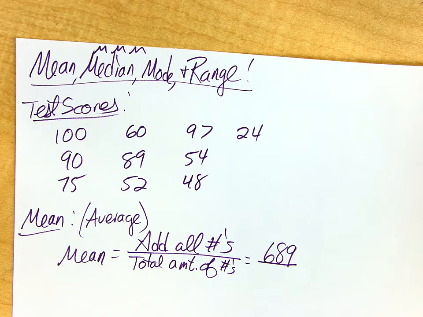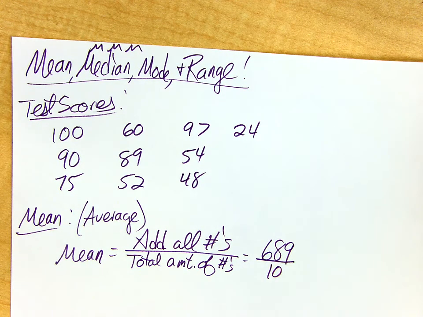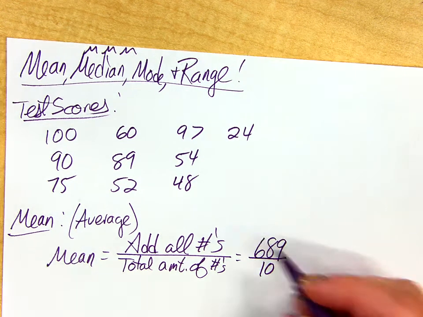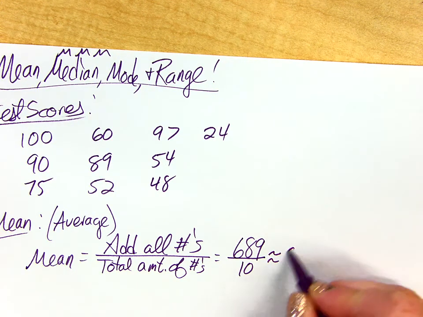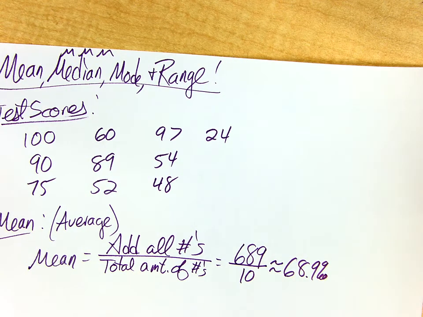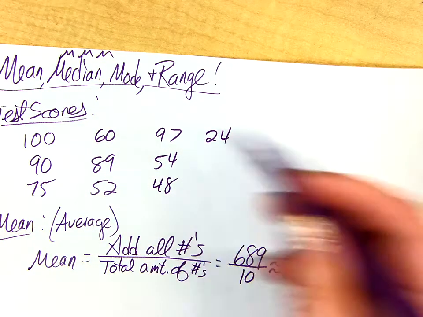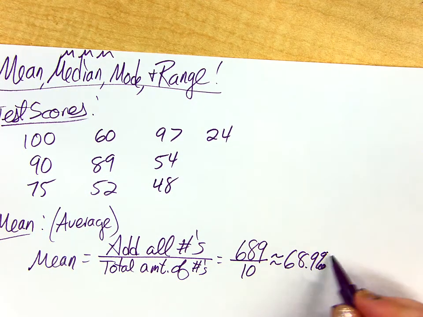Then, in the denominator, you count up how many numbers there are. How many numbers were there? 10. So, in order to find the average, I just do 689 divided by 10. So, yes, 68.9. I don't know why I gave a percent. Assuming these are all percents, but the average doesn't always have to be a percent.